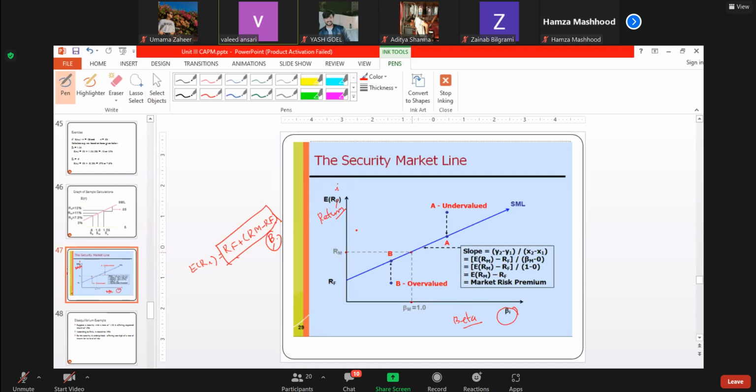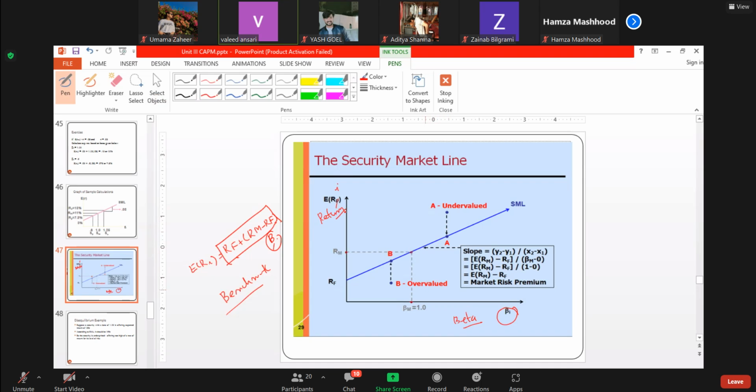Now, using this benchmark, a security should provide a return which lies on this line, because any deviation from this security market line will lead to either undervaluation or overvaluation.